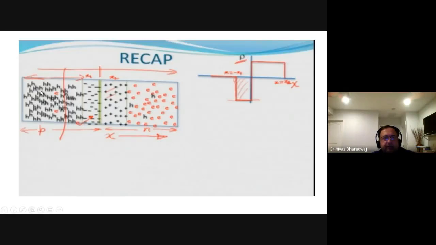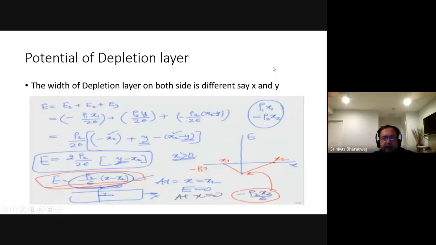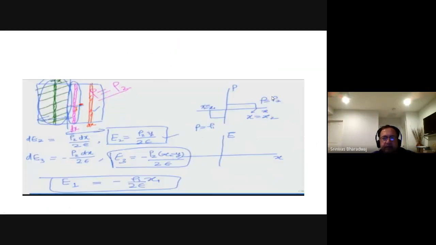This side, there is this kind of a negative field, right? This side, there is this kind of a field, right? So you end up with different fields. All right. And therefore, your net field is the sum total of these three different fields.